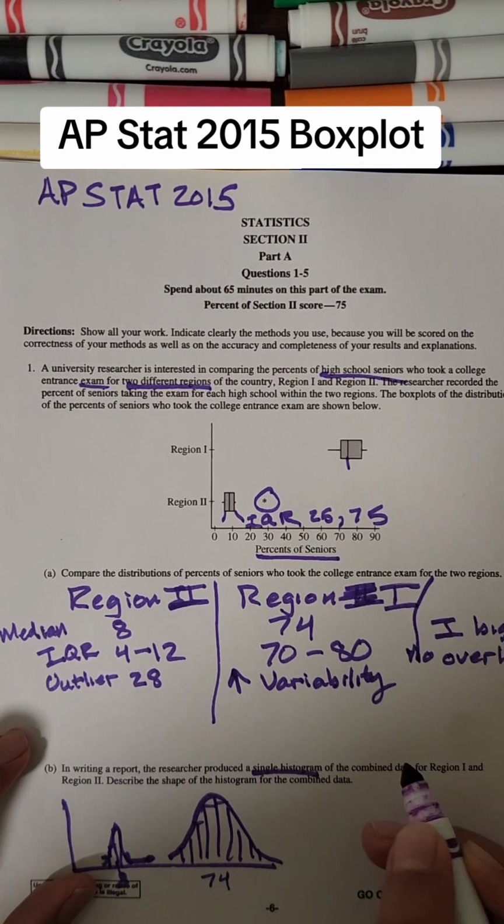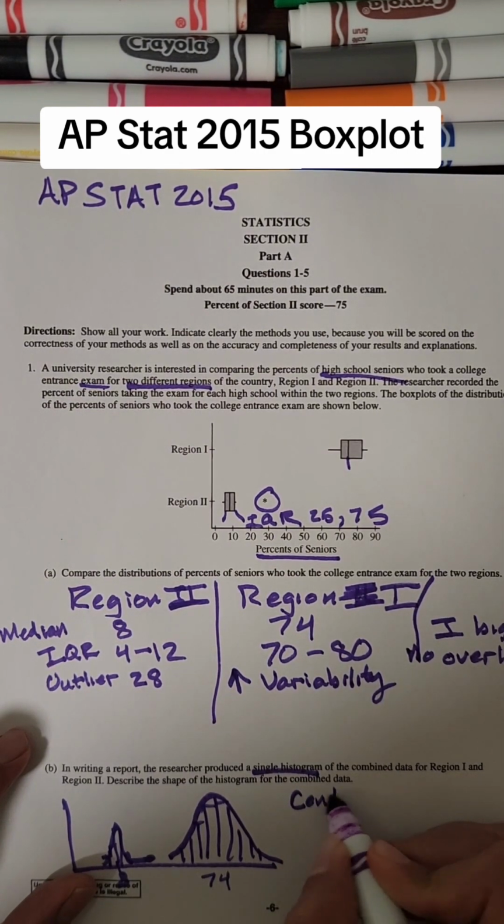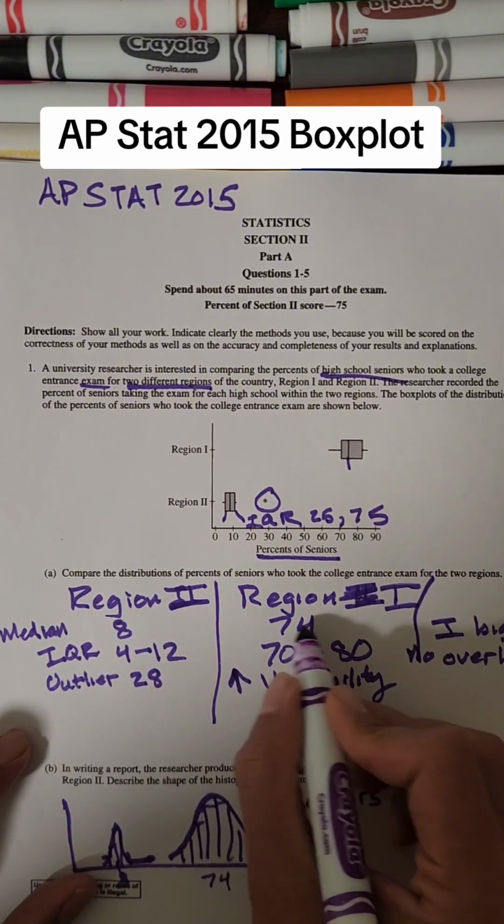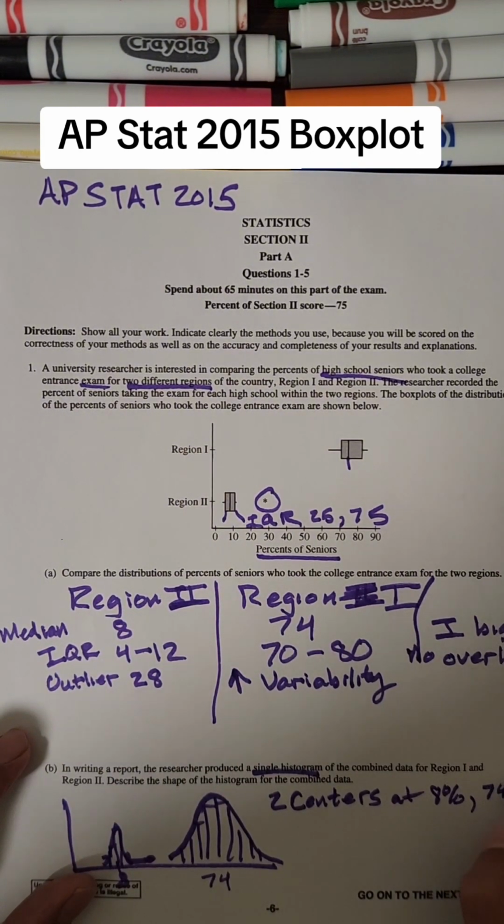So in terms of describing it with words, you're going to have two centers. You're going to have a center at 8%, and a center at 74%. The one around here is going to be wider. You're going to have a single outlier at around 28.